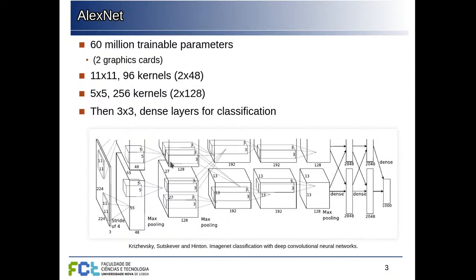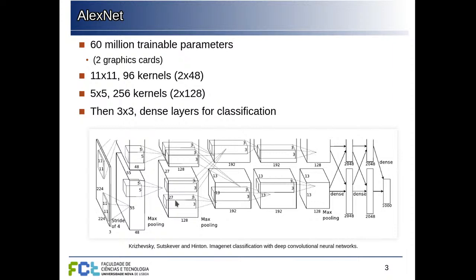But you can have an idea of what the kernels were used. This first convolutional layer has 48 kernels in two different cards, so a total of 96, but they were 11 by 11 kernels. So the receptive field in the image of these kernels was 11 pixels by 11 pixels.